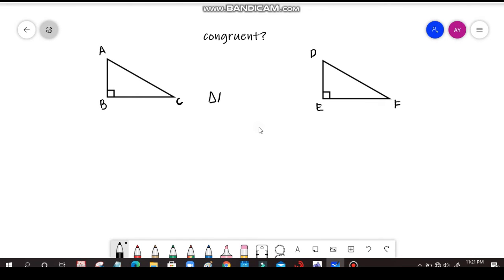And so here we see the triangle ABC, and then we have another symbol and also triangle DEF. And once again, as you could probably guess, congruent is represented by that symbol. We know that congruent means they have the same shape and also the same size.